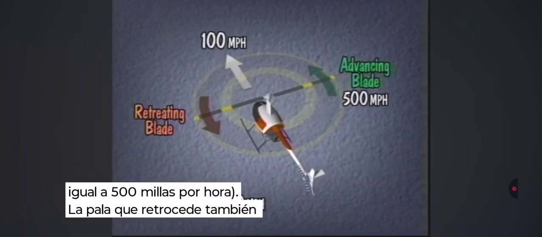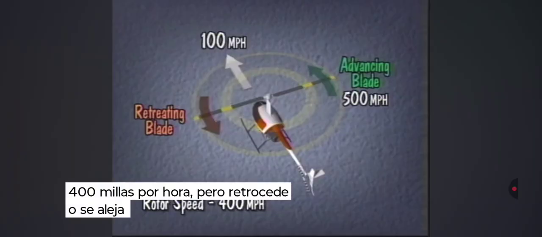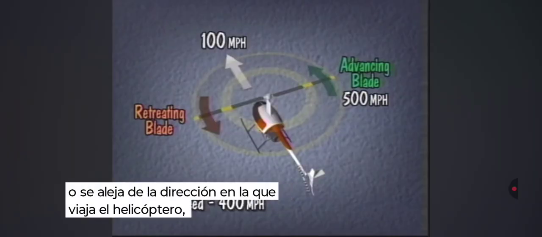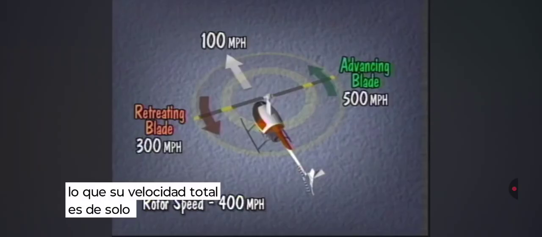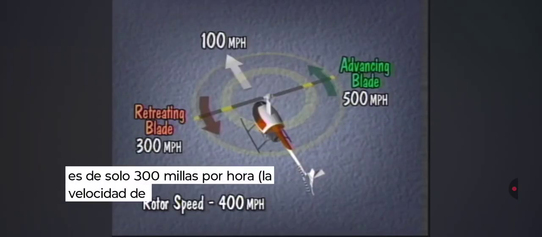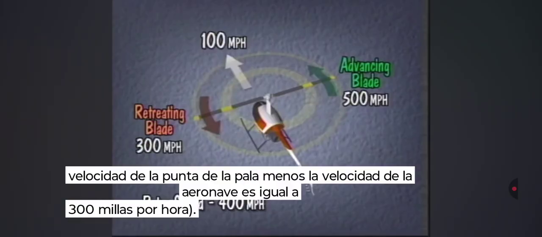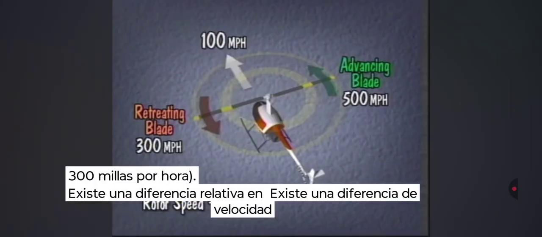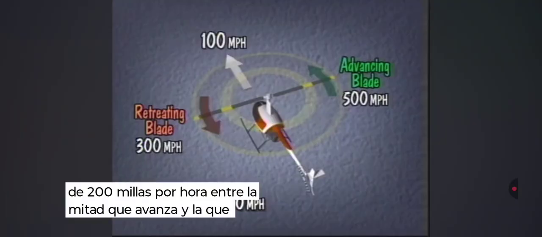The retreating blade is also moving at 400 miles per hour, but it's retreating or moving away from the direction the helicopter is traveling. So the total speed of the retreating blade is only 300 miles per hour. Blade tip speed minus aircraft speed equals 300 miles per hour. There's a relative difference in speed of 200 miles per hour between the advancing half versus the retreating half of the rotor disc.